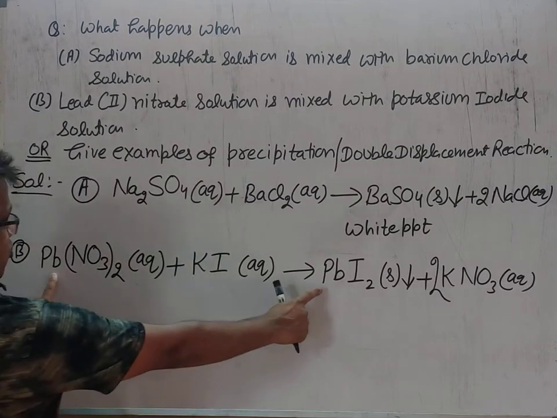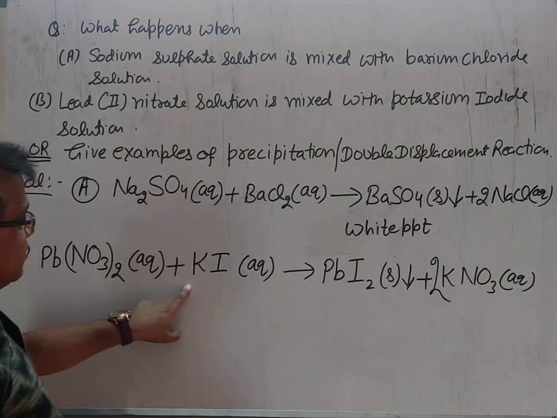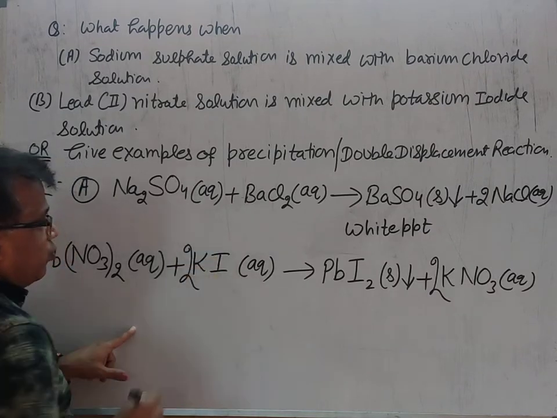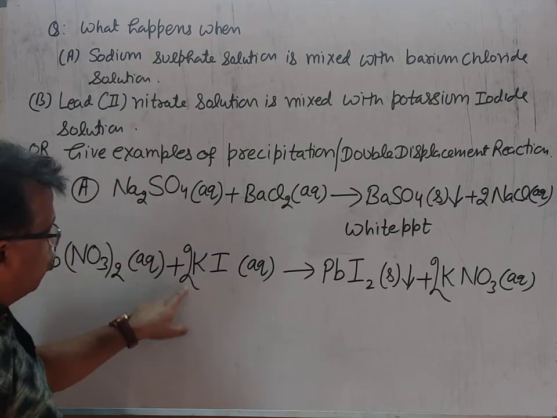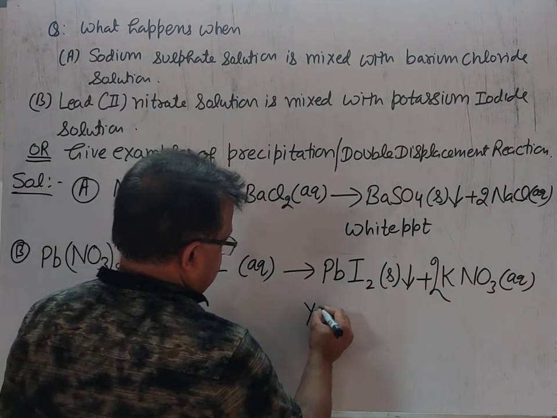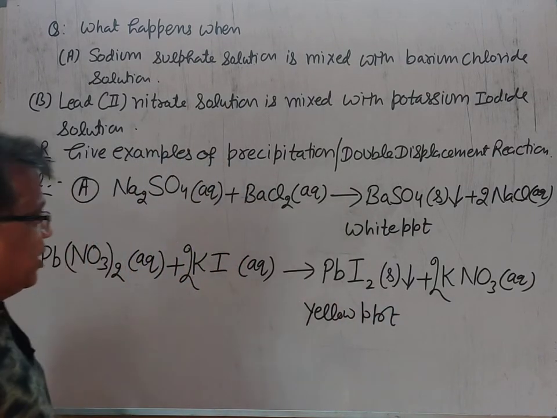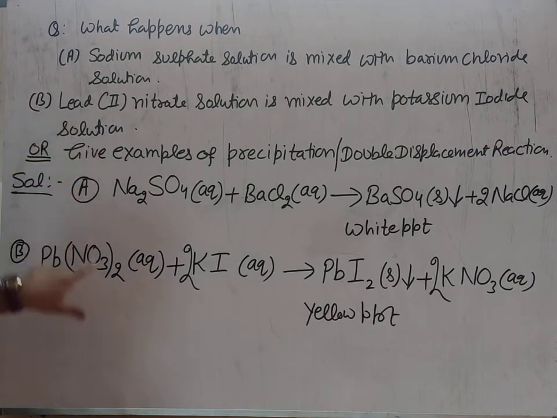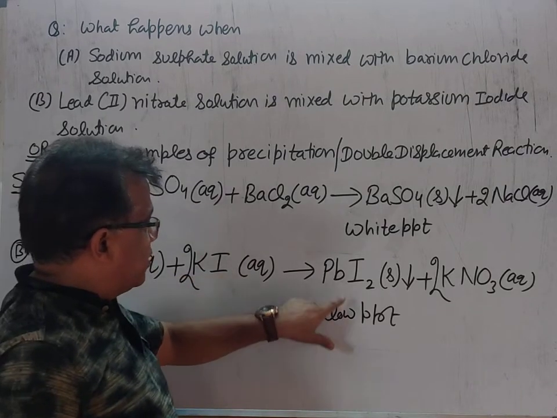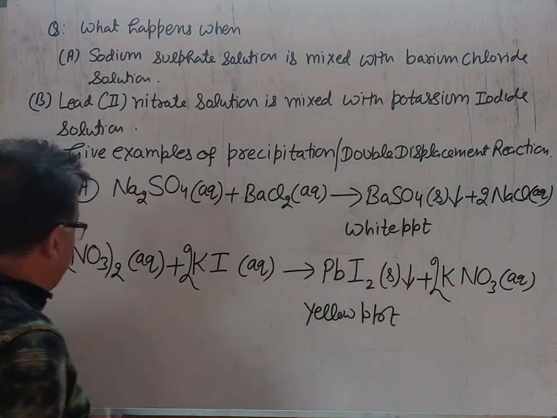Now Pb is 1 on both sides, NO3 is 2 on both sides, K is 1 on this side but 2 on this side, so we shall make it 2, and I is 2 on both sides. So it is balanced. It is a yellow PPT. So thus when lead 2 nitrate is mixed with potassium iodide, a yellow PPT of lead iodide and an aqueous solution of KNO3 is formed.